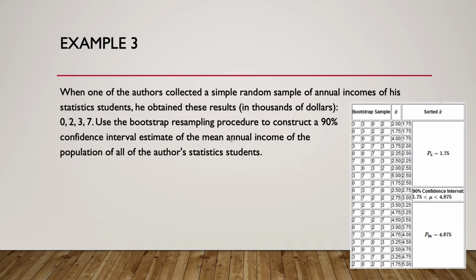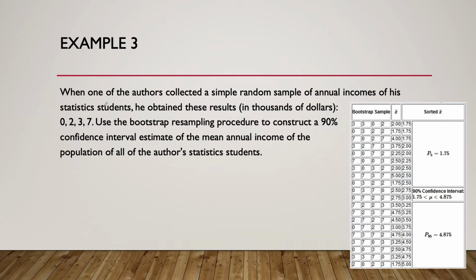For another example, this time of the population mean, one of the authors collected a simple random sample of annual incomes of his statistics students, and obtained these results in thousands of dollars: 0, 2, 3, and 7. Use the bootstrap resampling procedure to construct a 90% confidence interval estimate of the mean annual income of the population of all the author's statistics students.